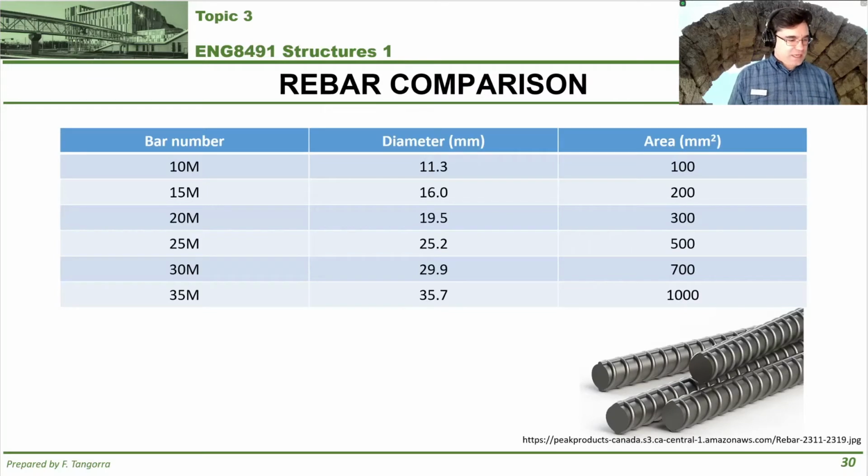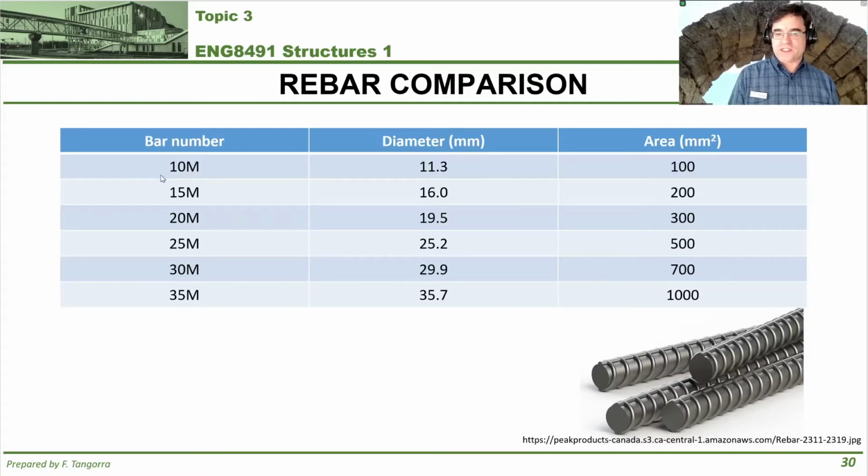The first thing I'd like to chat about is rebar. So what I've reproduced here for you is what rebar designation looks like in Canada. In your textbook, you get designation that is used in the US. It's American designation, but this is the metric designation that is used in Canada.